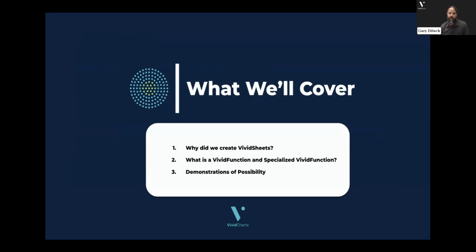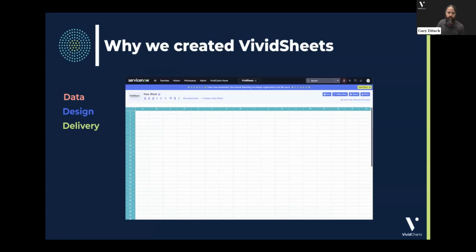And then we're going to specifically dive into specialized VividFunctions and what those are. And then we're going to demonstrate the possibilities that specialized VividFunctions allow. The specialized VividFunction really is the new feature and capabilities that is coming out pretty soon, and that's going to allow some of these use cases to be created.